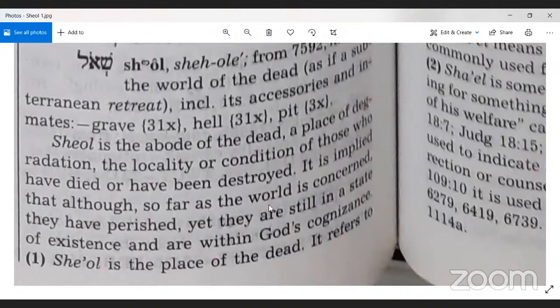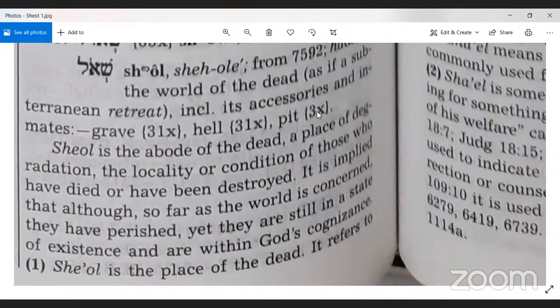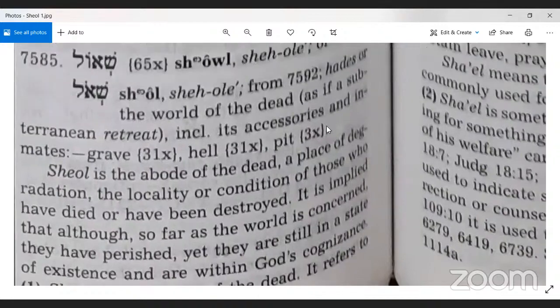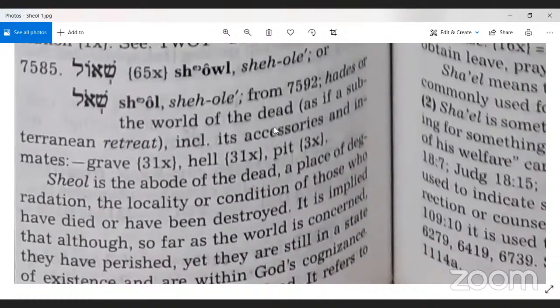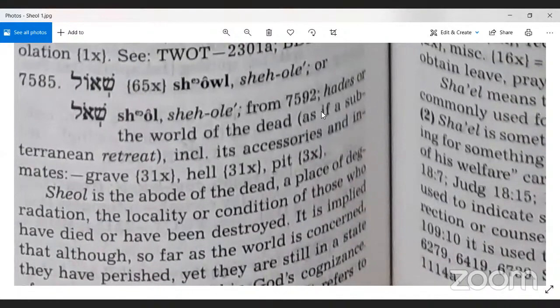Do you all agree that is implied by the world of the dead? Whatever your conclusions are, there is no right and wrong.